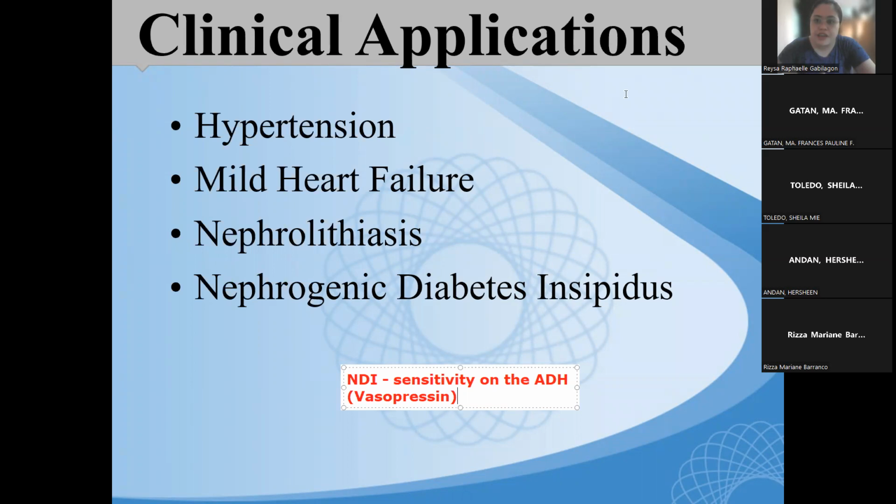However, since again they frequently urinate, their urine will be more like water itself. That is called again nephrogenic diabetes insipidus. This has nothing to do with our blood sugar. This is very different from diabetes mellitus.